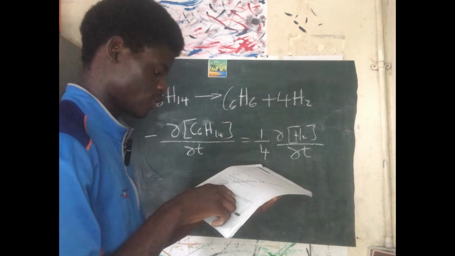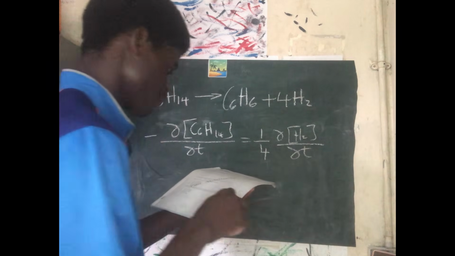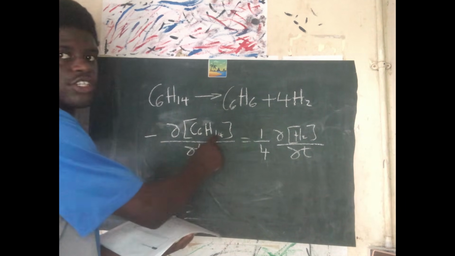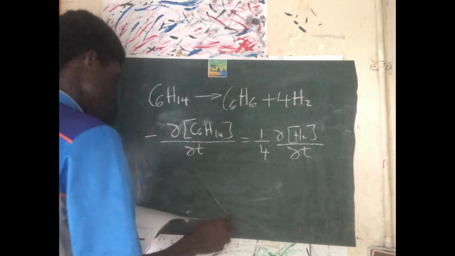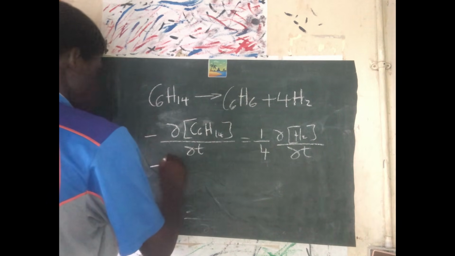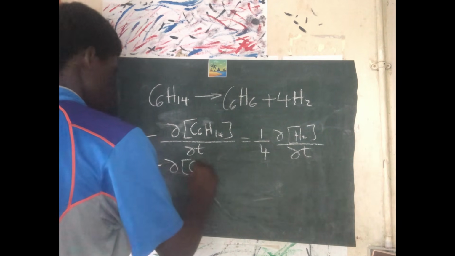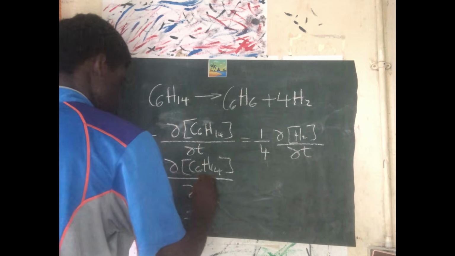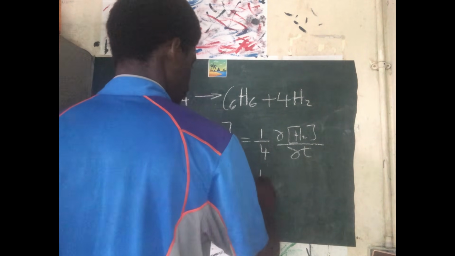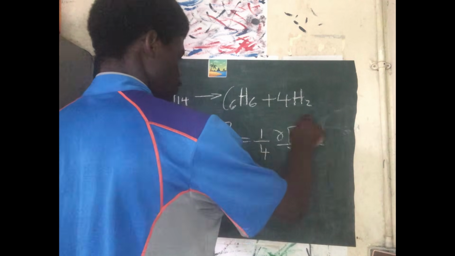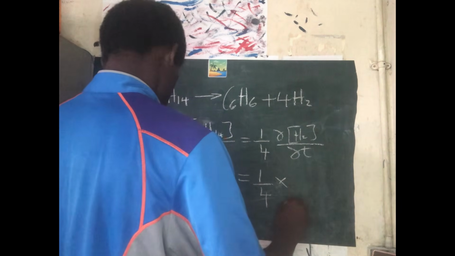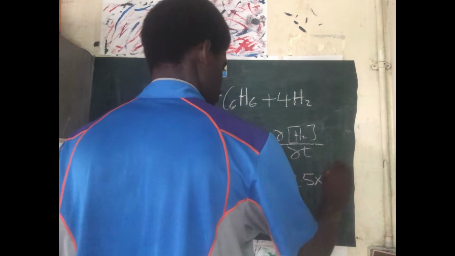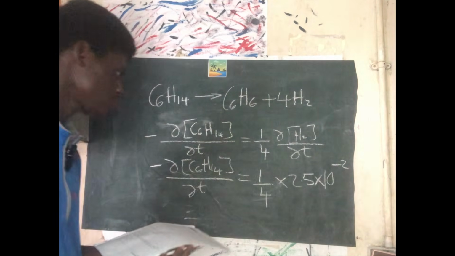They gave us the value for that to be 2.5 times 10 to the minus 2. Then we should find this, change in C6H14 over change in T. So what we just do is, there's a minus here, dt is equal to 1 over 4 times 2.5 times 10 raised to power minus 2.